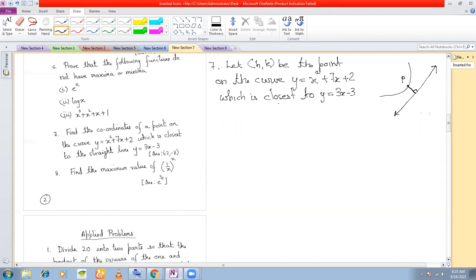Okay. So I have taken the coordinates of P as, say, (h, k). Now clearly this point P(h, k) lies on the curve, right?